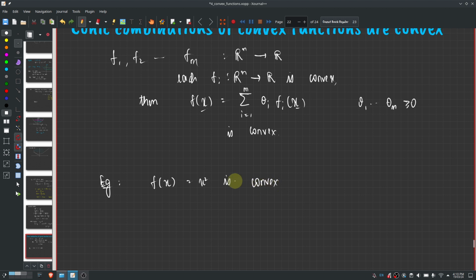Which means that the function on a vector, f of x equal to the 2-norm of x, the whole squared, is also a convex function, because I can write this as a sum of convex functions.